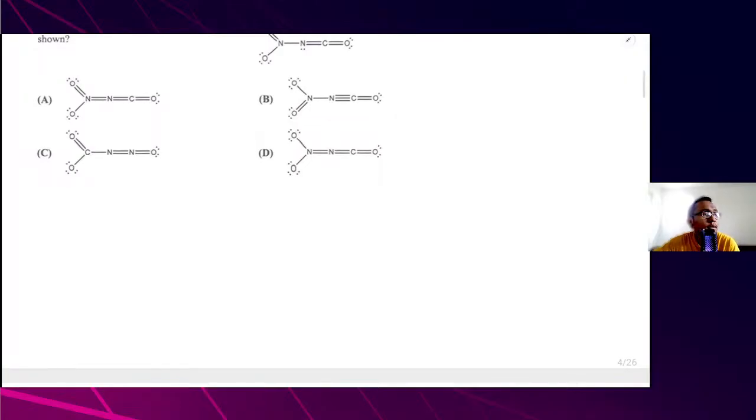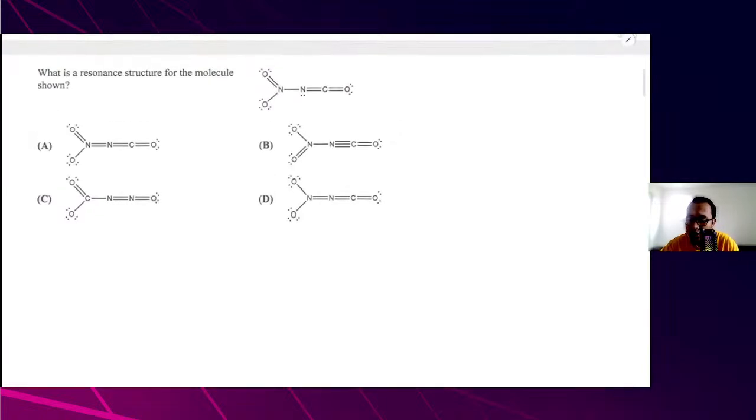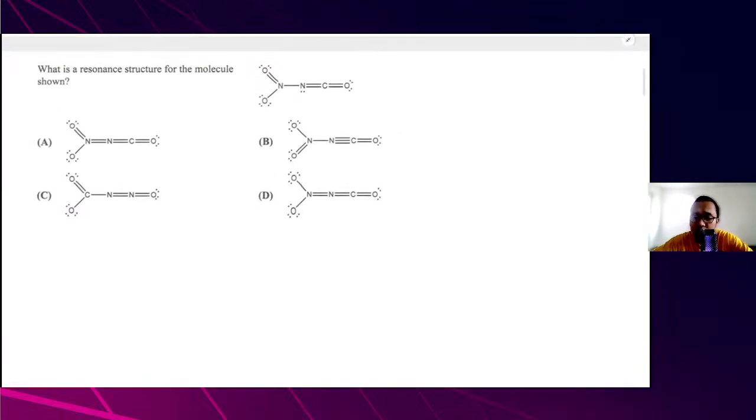Okay, so next, for the next question, what is the resonance structure for the molecule shown? It's a little bit tricky for this part if you don't understand the concept of resonance itself.